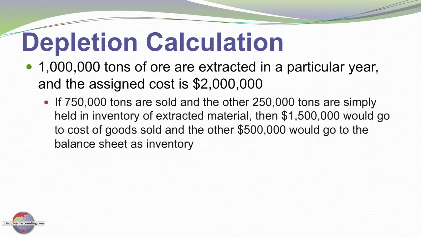Furthering our discussion though, if 750,000 of those tons are sold and the other 250,000 tons are simply held in inventory, then what we would have is 1,500,000 of the depletion charge that would be assigned to cost of goods sold, that is $2 per ton times 750,000 tons extracted and sold. The other 250,000 tons that we keep in inventory would be assigned their $2 per unit cost, and we would have 500,000 that would be reported in the balance sheet.